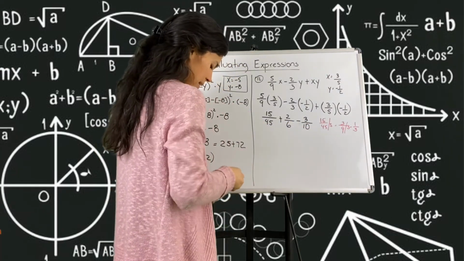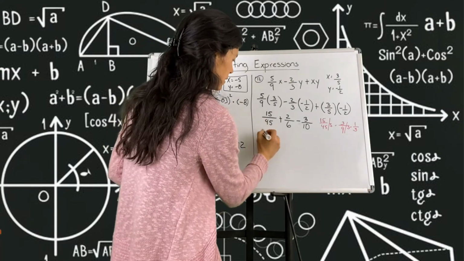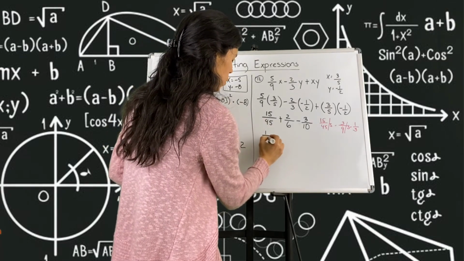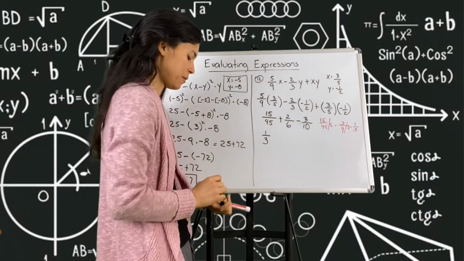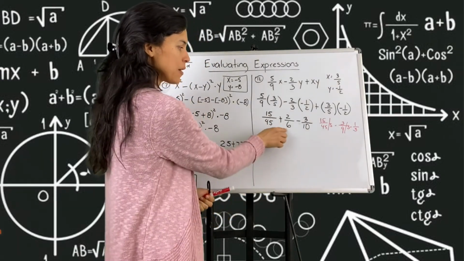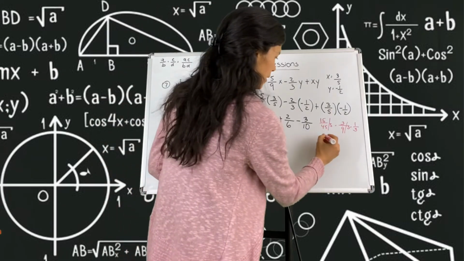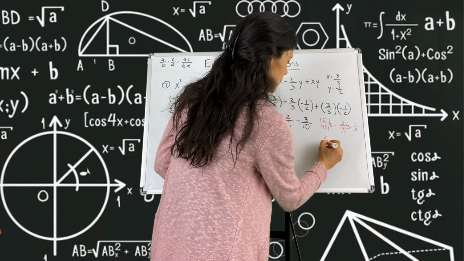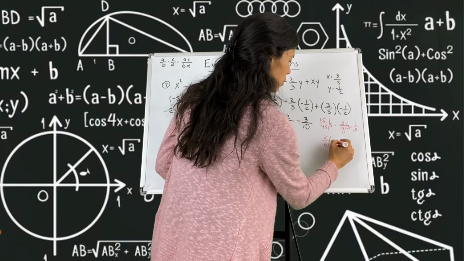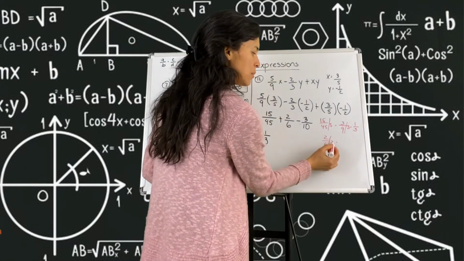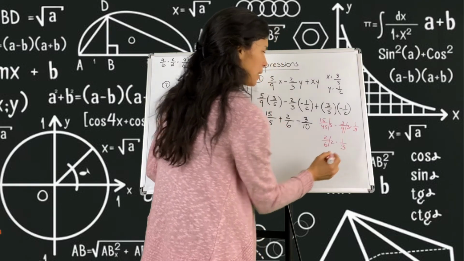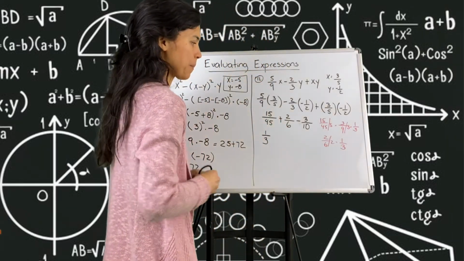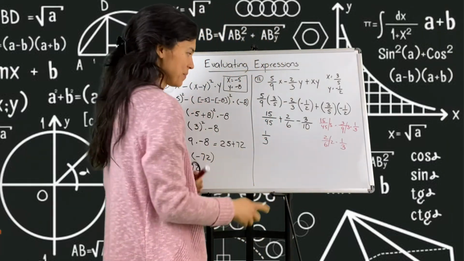So my fraction 15 over 45 is the same as 1/3. It's equivalent. Let me write it over here. 1/3. And 1/3, of course, is easier to work with than 15/45. How about the fraction 2/6? I notice that 2 and 6 are both divisible by 2. So 2 divided by 2 is 1, and 6 divided by 2 is 3. Look at that. It's 1/3 too.